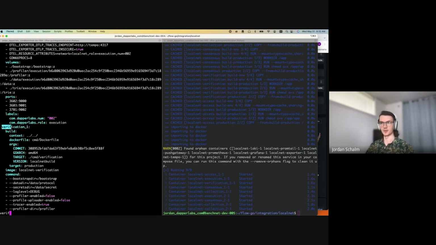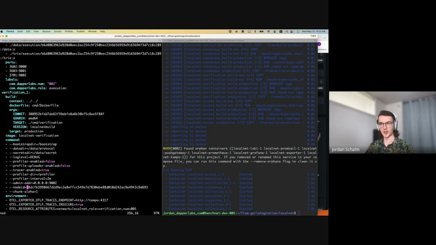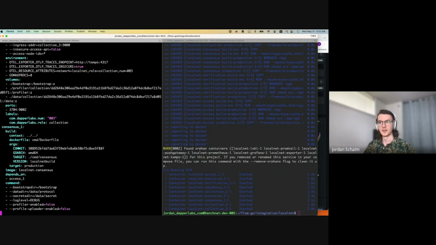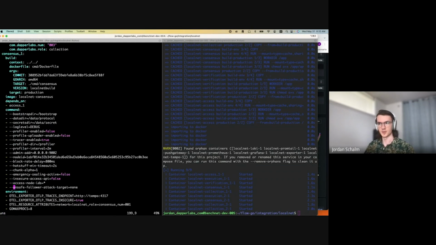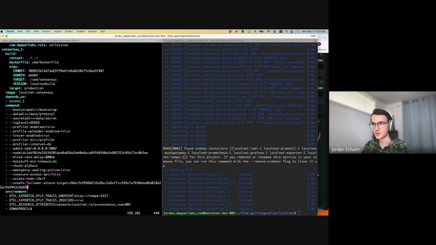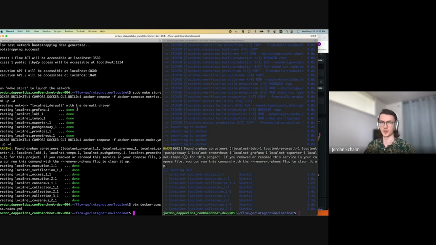So we're going to find verification node number 1 here, grab its node ID 38DC, and we're going to set this flag unsafe follower attack target 38DC. Okay, so that's telling the consensus node to begin initiating this attack on the verification node. I'm going to save that file and then restart the consensus node so that'll take effect.